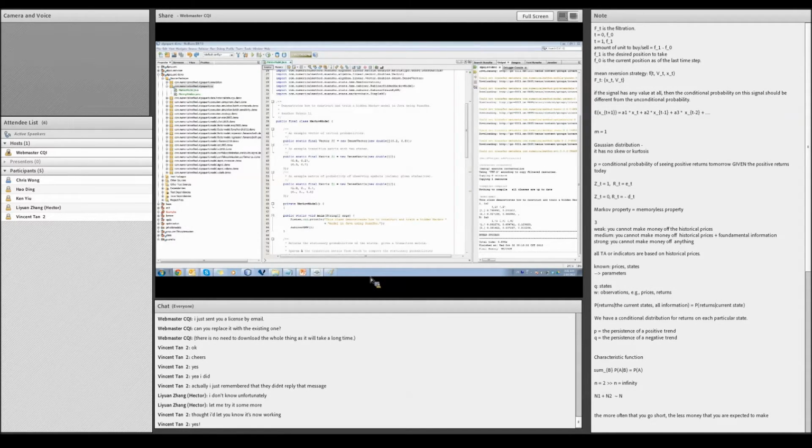How's the experiment going? Shall we have a discussion now? How's the estimation? Did anyone create a three-state Markov model or even a four-state Markov model?